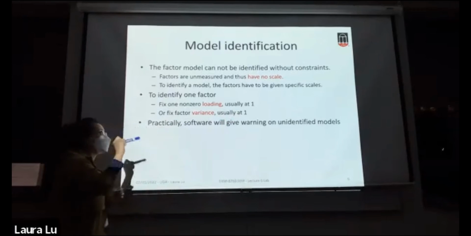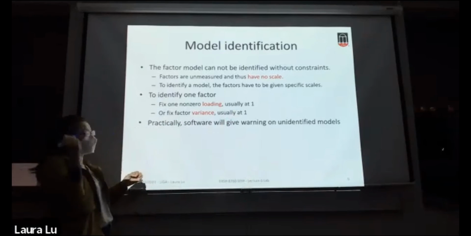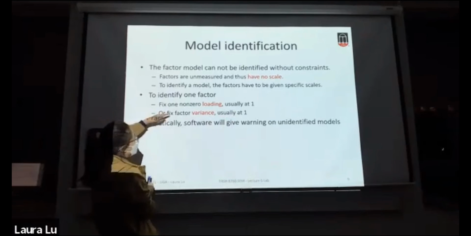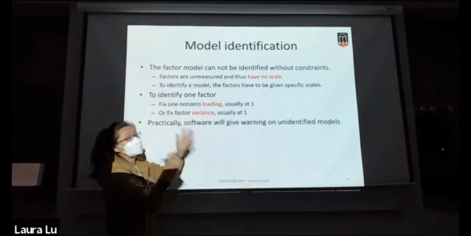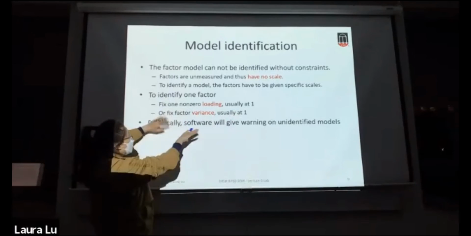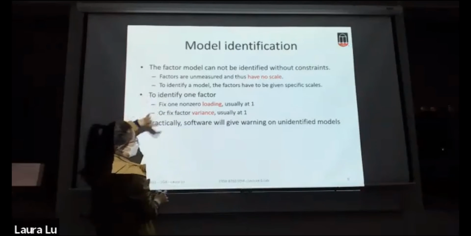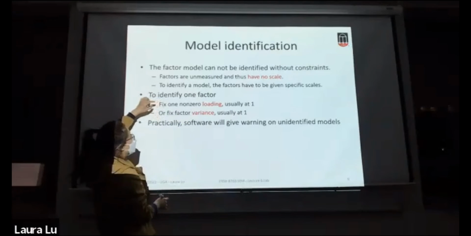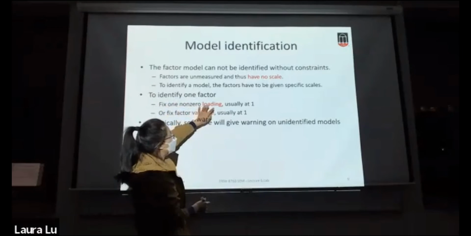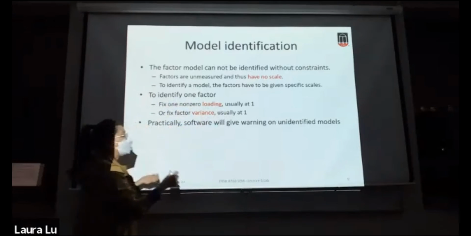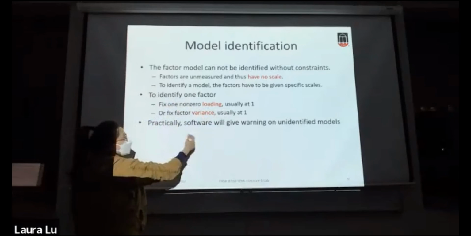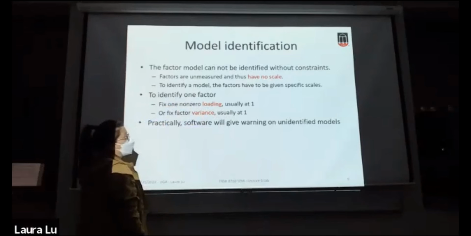Once you fix that part, we can get the estimates of the other parts. Or you can fix the factor variance at some specific value, and usually we assume it's 1. Usually we have two ways: either fix one non-zero factor loading at some specific value, usually 1, or fix some factor variance at some specific value, usually 1.